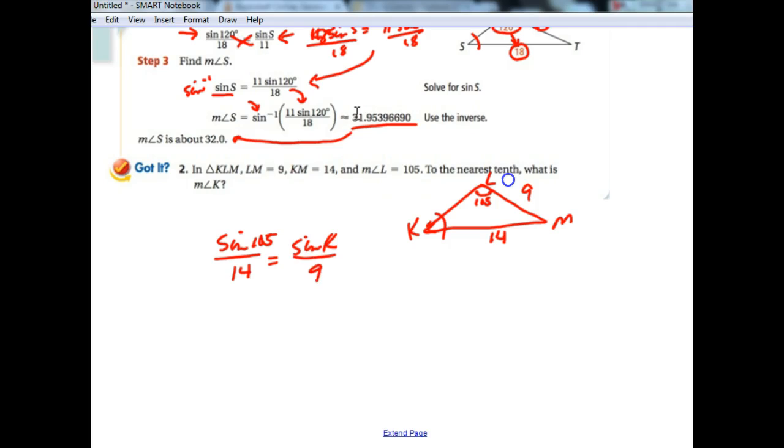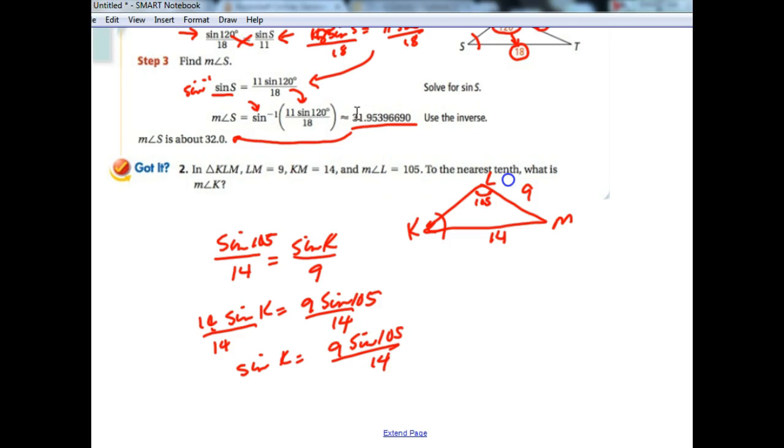Again, if I were to cross multiply, I'm going to end up with 14 sine of K equals 9 sine of 105. Then I would divide both sides by that 14. So the sine of K is equal to 9 sine of 105 divided by 14.